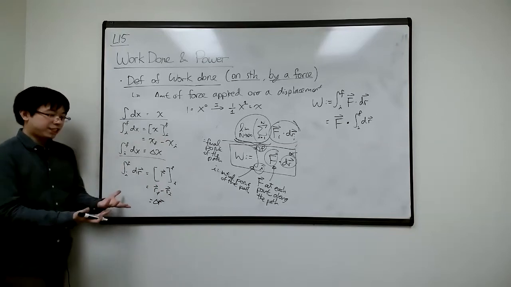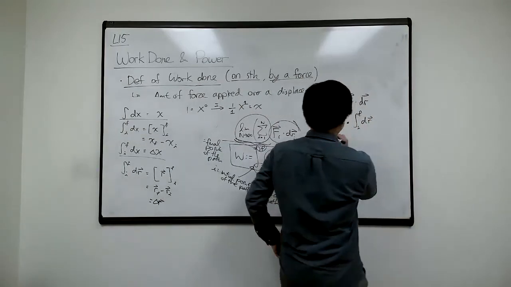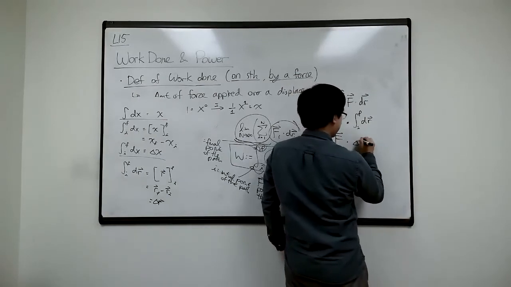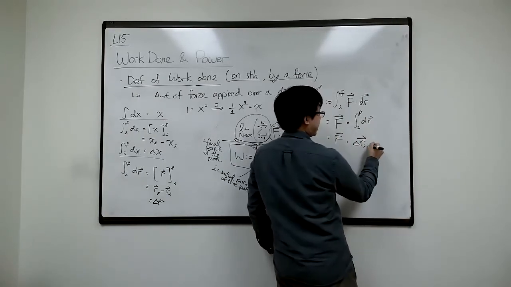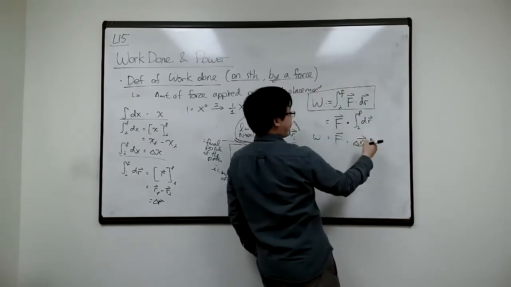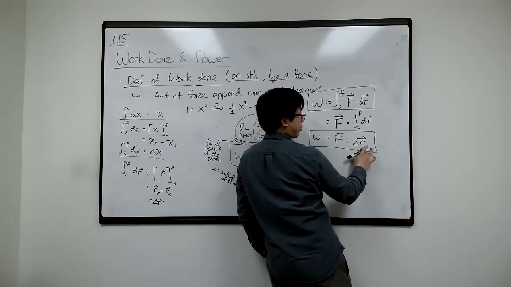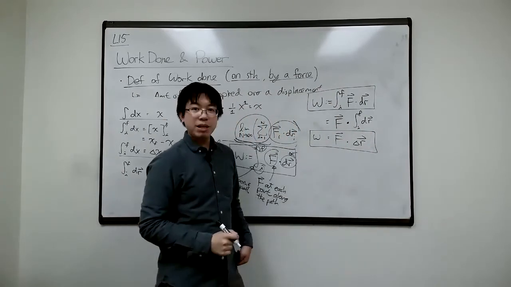Remember, displacement is change in position. So this whole thing is basically F dot the change in position from initial to final. So we got from the general definition, if F is constant, it reduces to this, and we don't even need to write the limits if you understand that's the displacement.